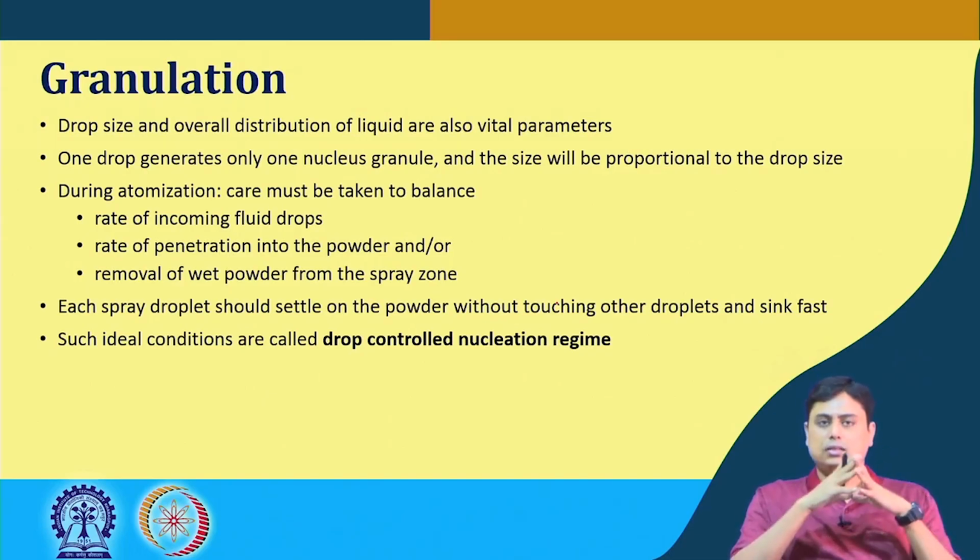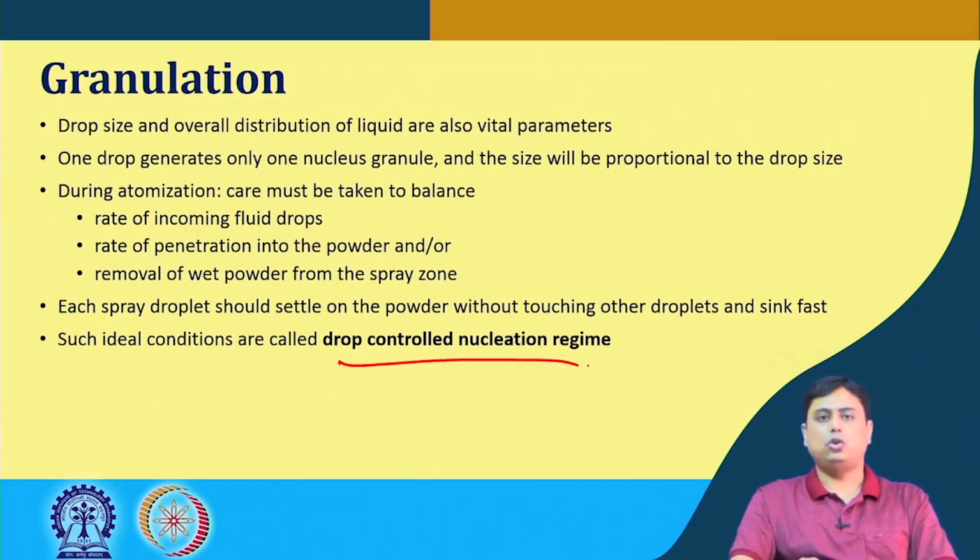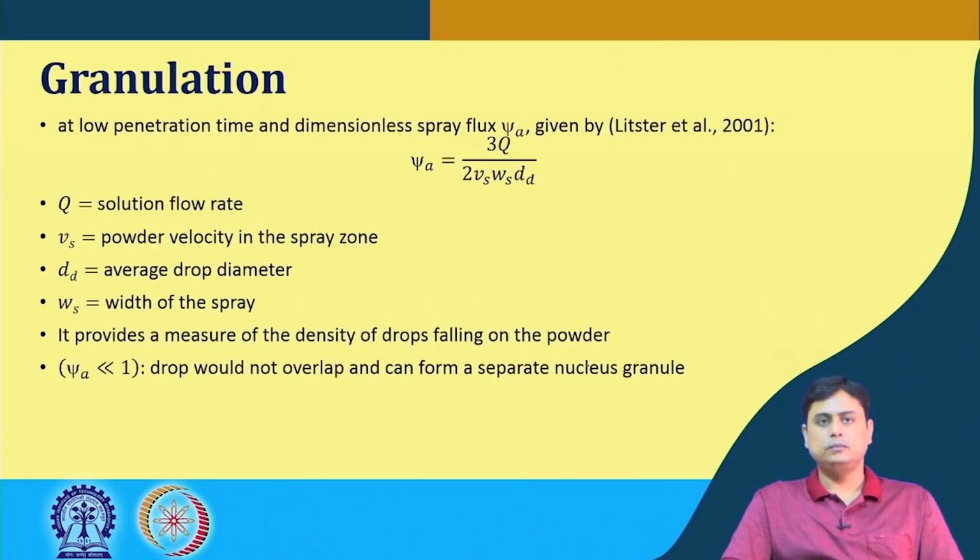Such an ideal regime is identified as the drop controlled nucleation regime. Now, this happens at low penetration time, that means it should sink fast, and at a very low flux.